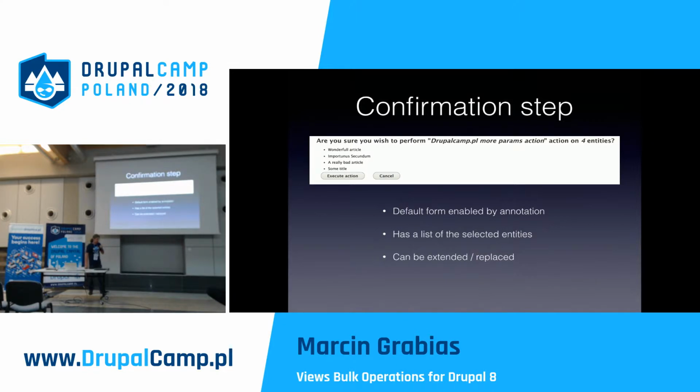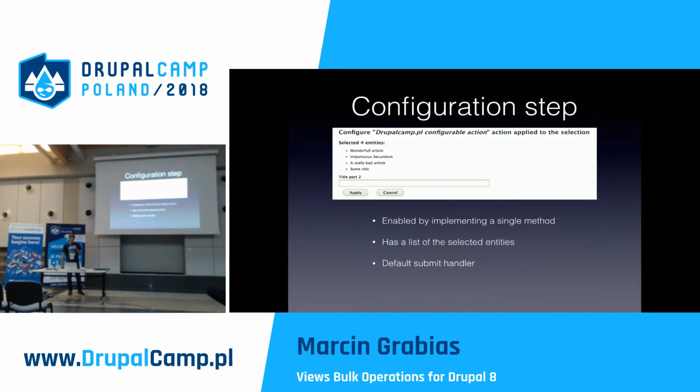Right. Now I will go through the features of the module. First, the confirmation step has a default form, enabled by an annotation parameter, and the name of the parameter is confirm. It has a list of the selected entities and can be extended or replaced by using the confirm form route annotation parameter.